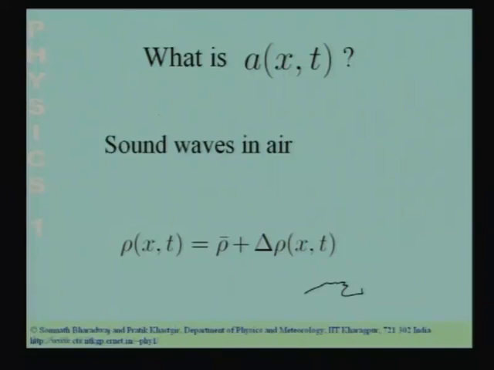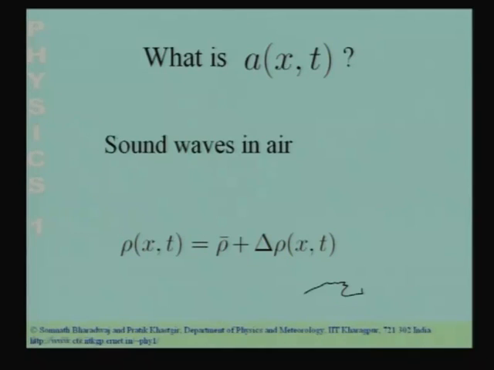So, when you are dealing, for example, with sound waves in air, then the density of the air at any point at any given time t can be written as the sum of a constant density which would be there if there were no disturbance, if there were no sound waves, and a change in the density due to the sound wave, and this change in the density is a function of x and t. The density when there is no disturbance is a constant.